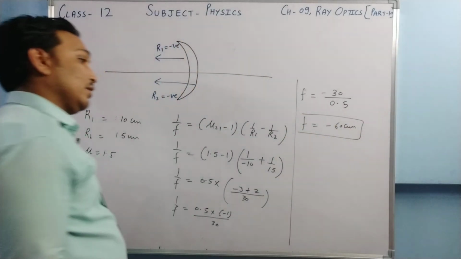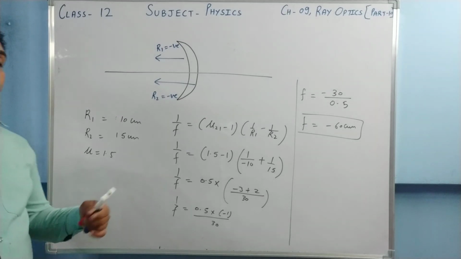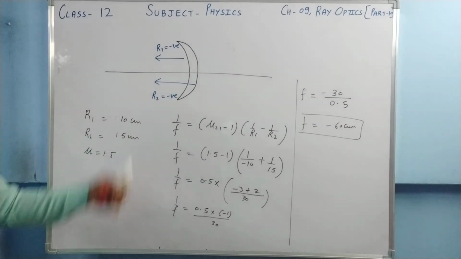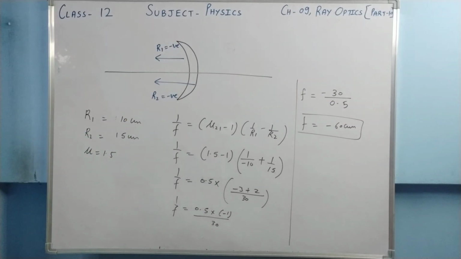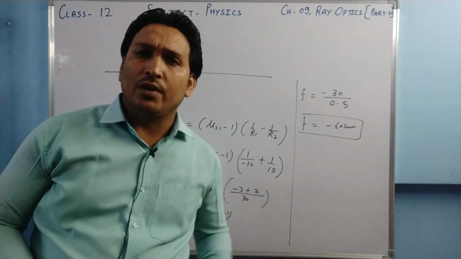So this will be our answer. F is negative, it simply means it will act as a diverging lens. Rays will be diverged. Actually these two readings are taken inverted, and that's why the answer we get is something which is not expected. So this is how we apply lens maker's formula.